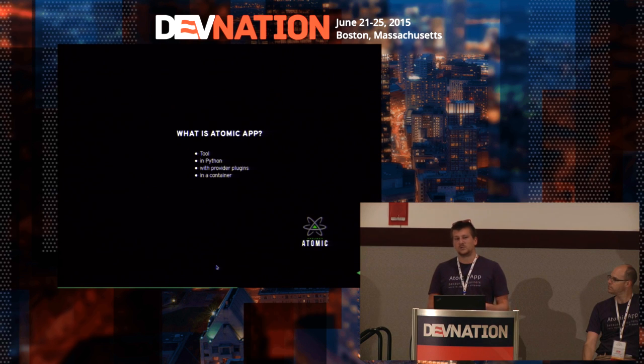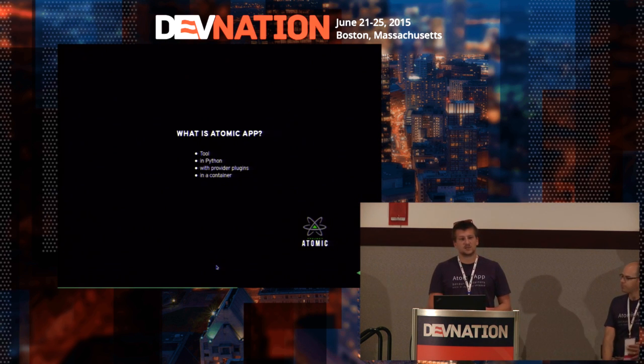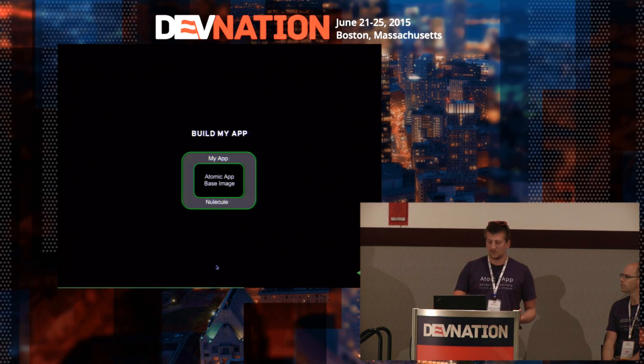So if you want to run in Kubernetes, you will use the plugin for Kubernetes. If you want to run in OpenShift or Docker or Mesos, there will be plugins for that. And Atomic App is also shipped in a container, because we want to have everything regarding containerized applications in a container.